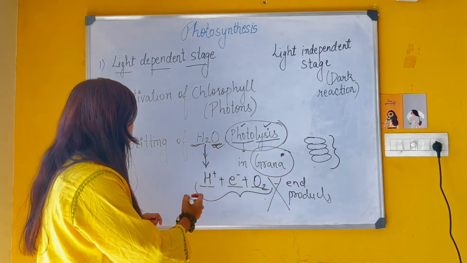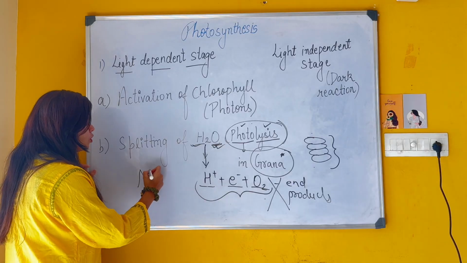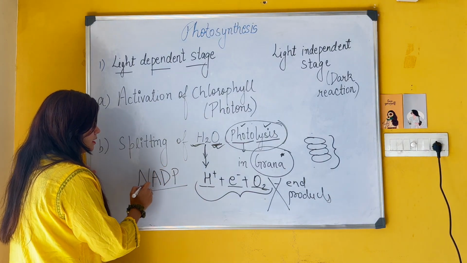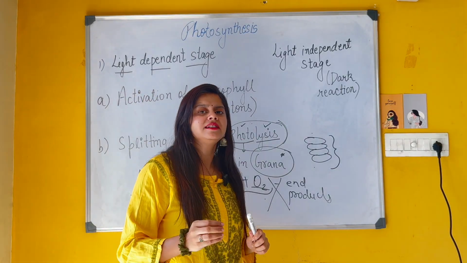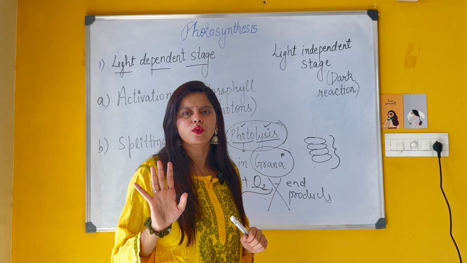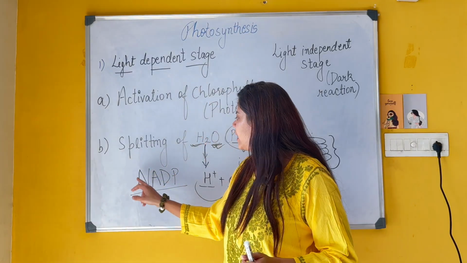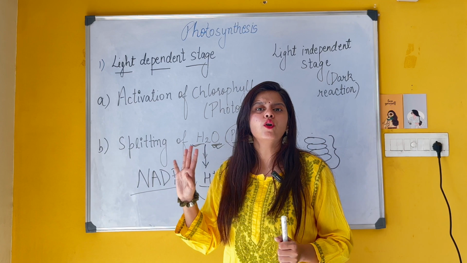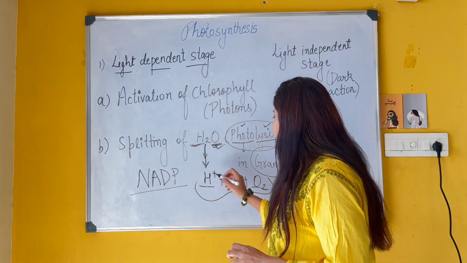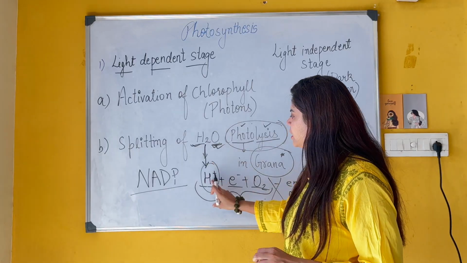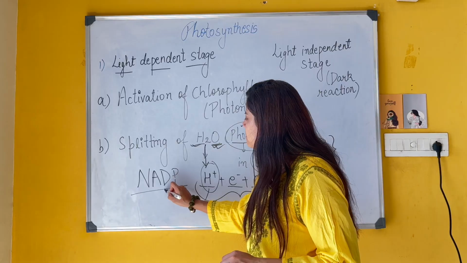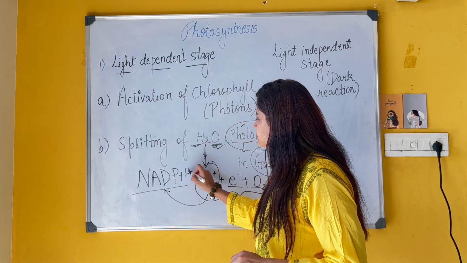Now what will happen? There is a compound called NADP. NADP, consider it as a lower energy compound. It is already present in chloroplast. A compound called NADP is already present in the chloroplast. These H plus ions which are created by the splitting of water will go and combine with NADP.